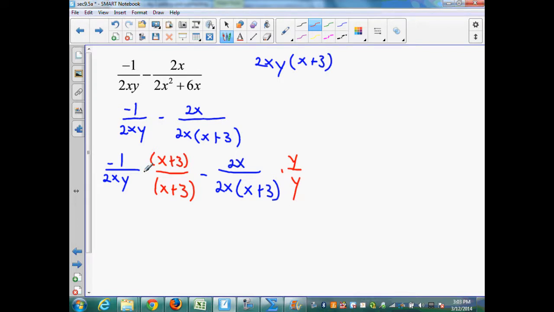Let's simplify each product. On the numerator, I'll distribute. That would be a negative x minus 3 over 2xy times x plus 3, which is my common denominator, minus 2x times y is 2xy over 2x times y is 2xy times x plus 3.